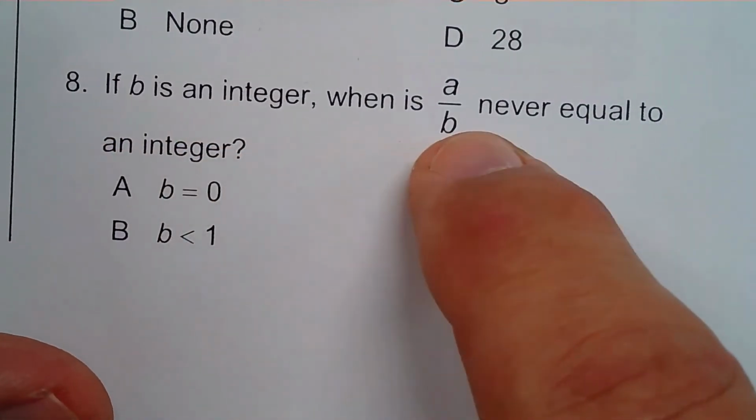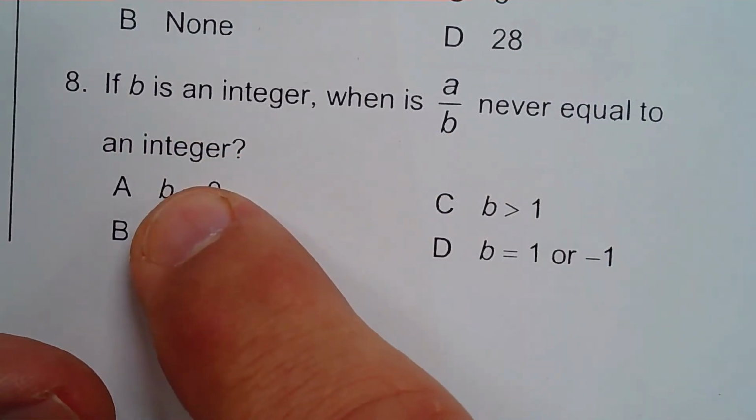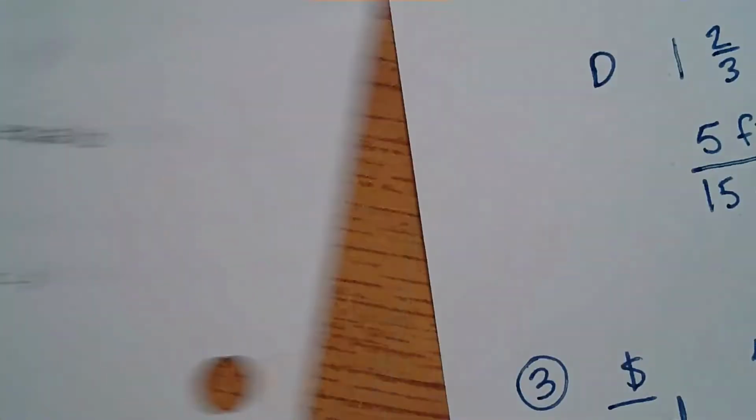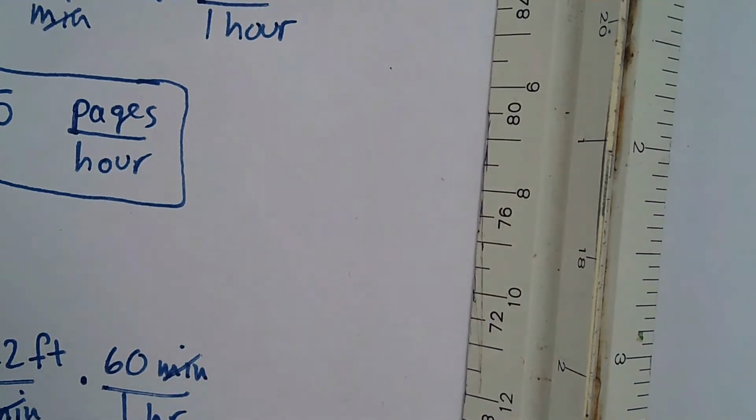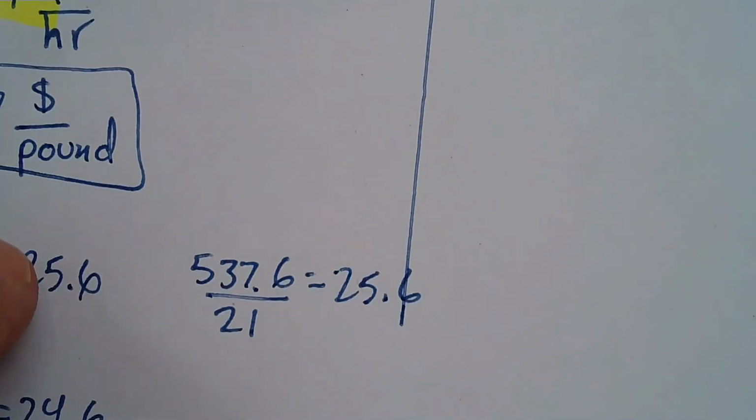The next one, 8: if b is an integer, when is a over b never equal to an integer? Aha, this is good. I like this. I'm going to keep going with this here, and I'm going to, oops, I just drew right through my line, right through my 6 right there.